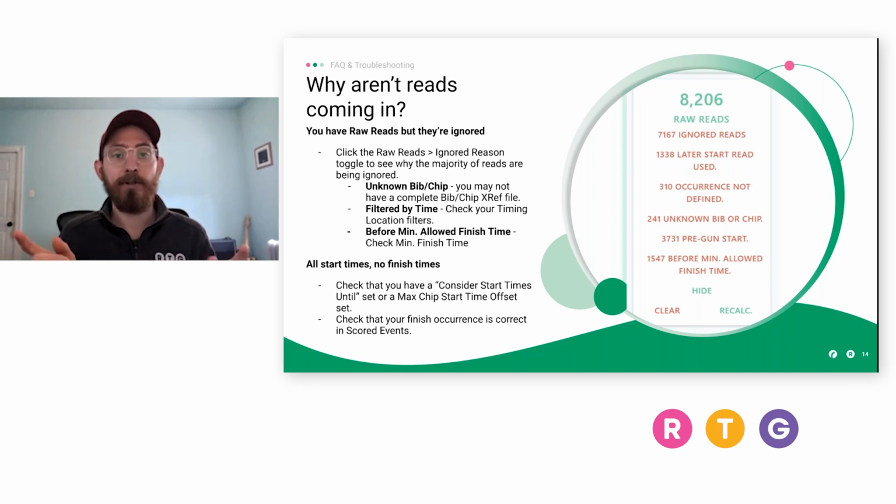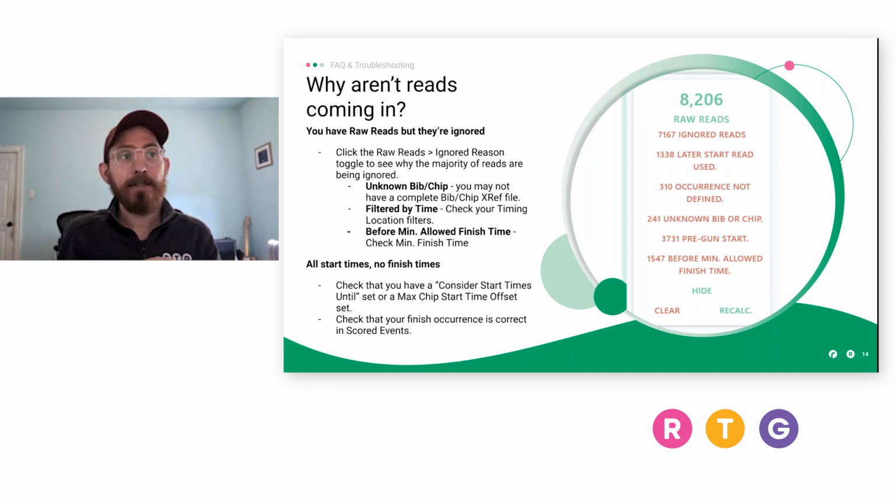So if you're doing a one stream to separate start and finish, it'll just keep considering start times because the later the better. We show a warning on the dashboard if you don't have a consider start times until time set. So definitely make sure you do that, because it's just going to keep considering start times until forever if you don't. That's going to make it such that you only get start times.